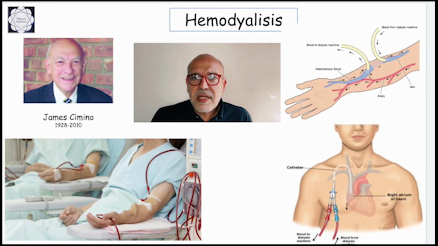The problem is that we have to wait around 3 months for the fistula to mature. This maturation reaches its end when the fistula has a flow of more than 6 milliliters per minute. It has more than 6 millimeters of diameter and less than 6 millimeters of depth from the skin surface.